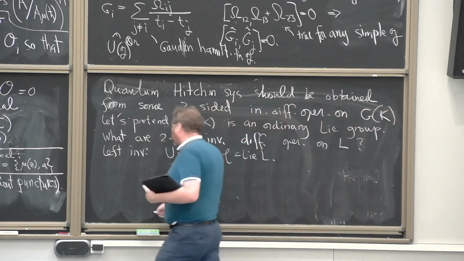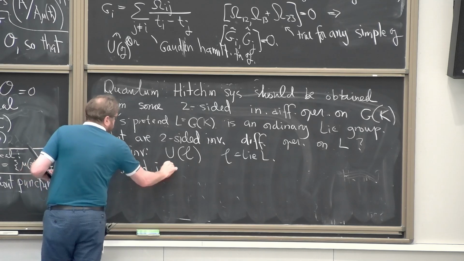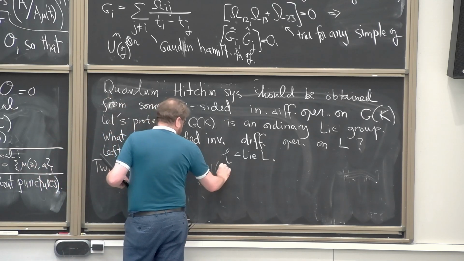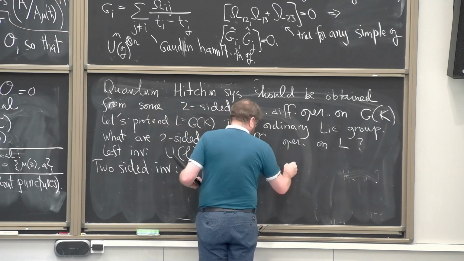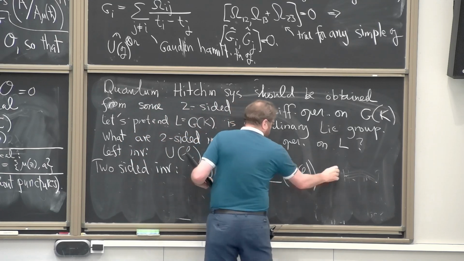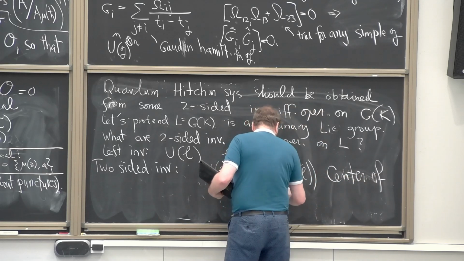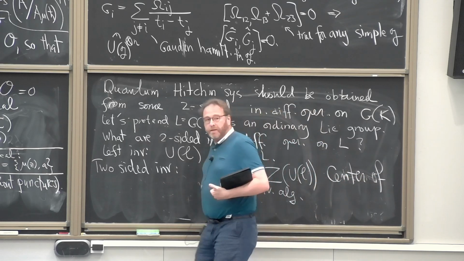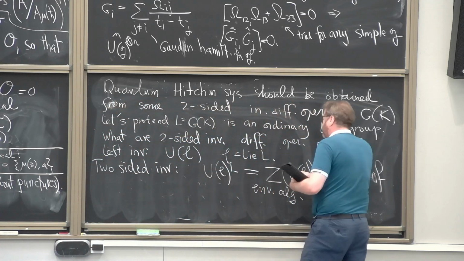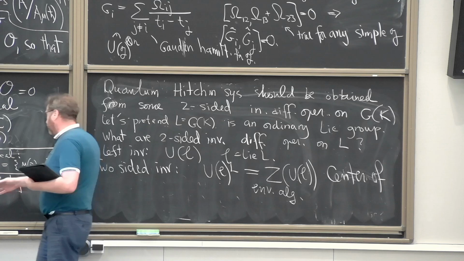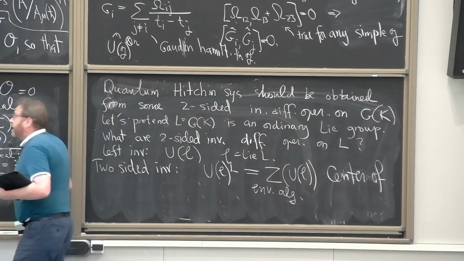So two-sided invariant, this is the invariance in U of L with respect to L, which is simply the center of U of L. So we need to take some elements in the center of the universal enveloping algebra of the Lie algebra of our loop group. So what is this Lie algebra?